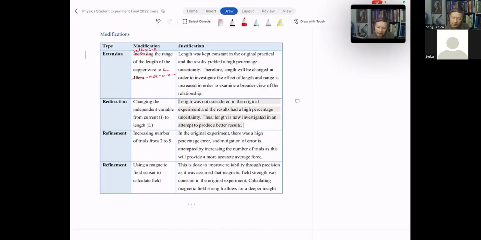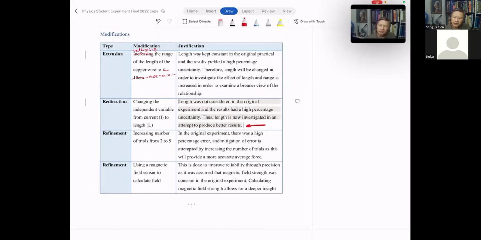After redirection? Changing the independent variable from current to length. That's right. Is this justification right for both of these? Well, what is your justification? Well, if you don't change the length at all, then you wouldn't get that dependence. Do you want to check your justification?